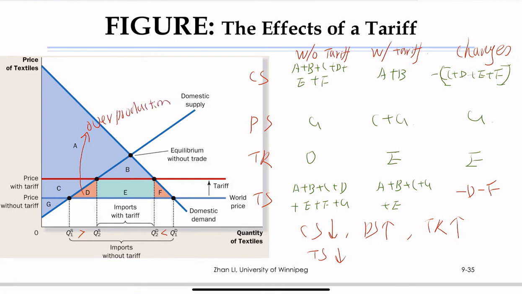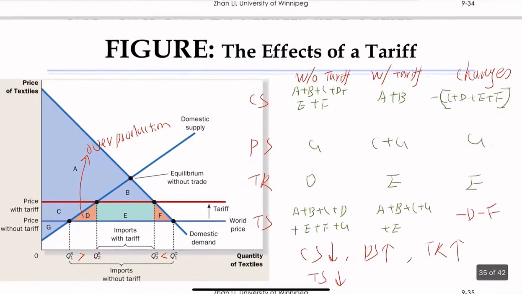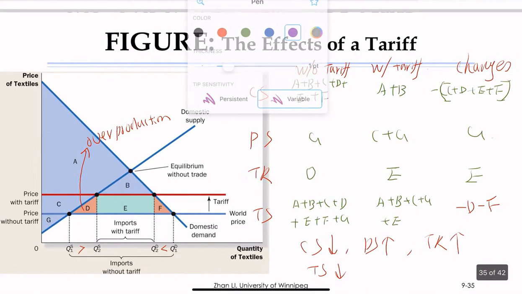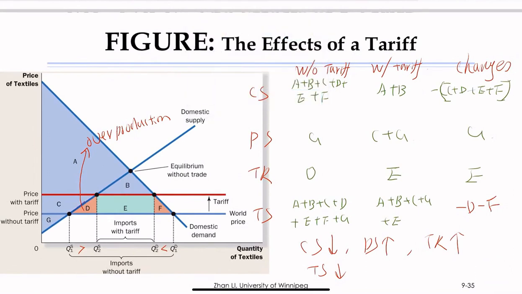Why is this overproduction? Well, the reason is if you look at these producers, remember the supply curve represents the cost of a producer.